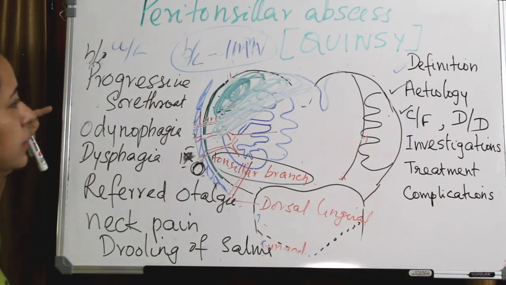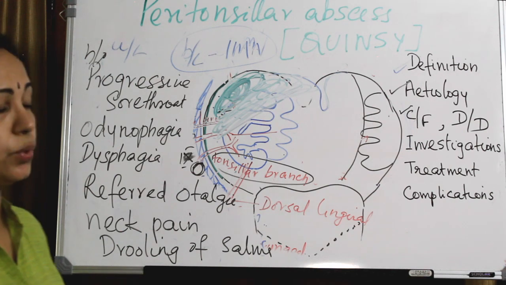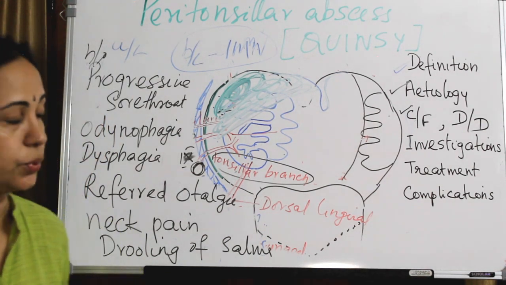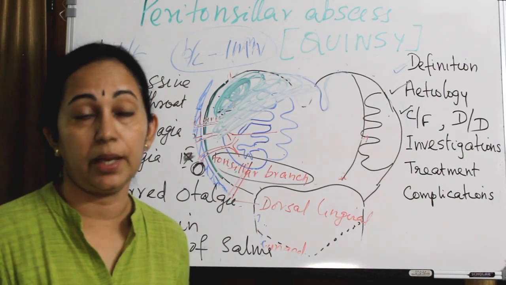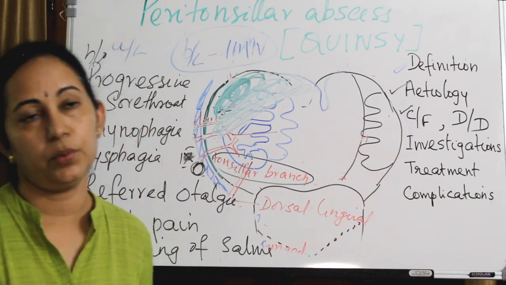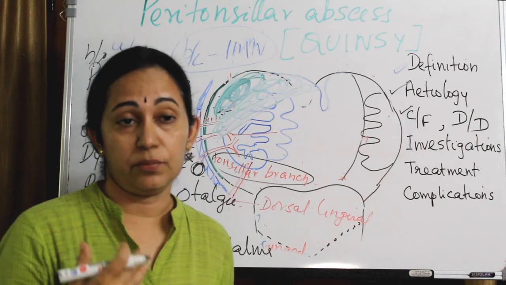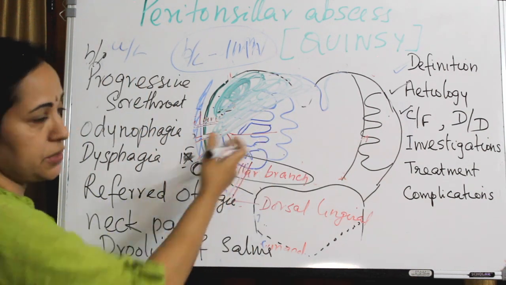So these are the symptoms of the patient. Progressive history of sore throat, progressing to odynophagia, dysphagia first for solids and then for liquids also, referred otalgia, neck pain, drooling of saliva and difficulty in moving the neck. Okay, so these are the symptoms. And coming to the signs, what you get on examination, you can tell from this picture.